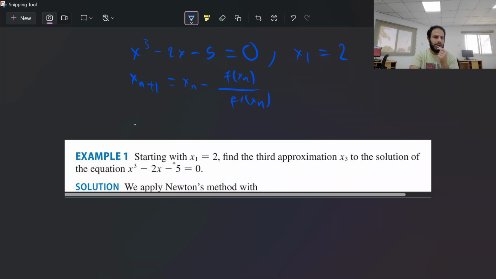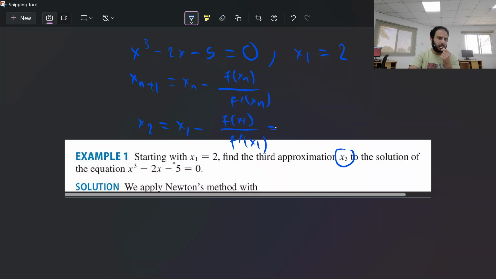Yes. So now you substitute in the formula to get x2 and x3. Here the example tells you find x3, right? So how to find x3? You substitute 1 here. You get x2 equals x1 minus f of x1 over f prime x1.